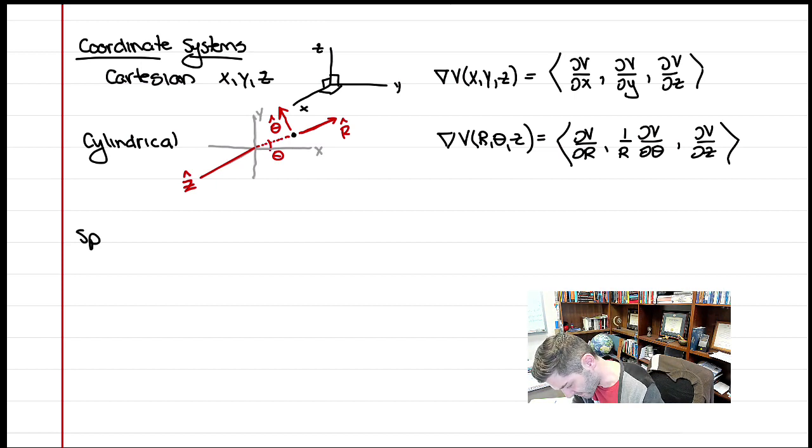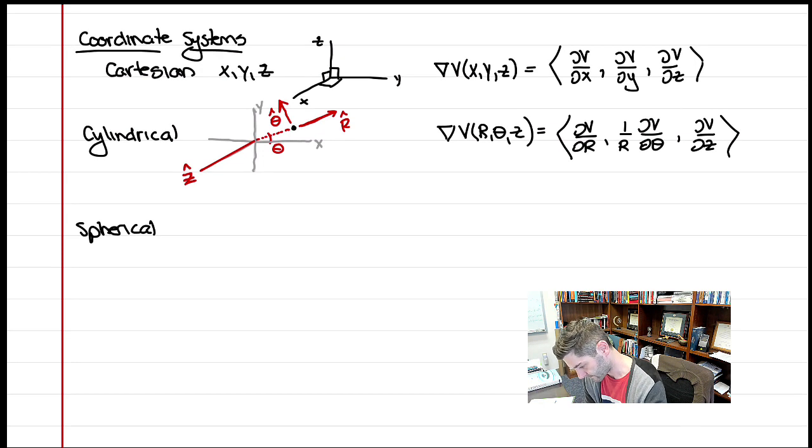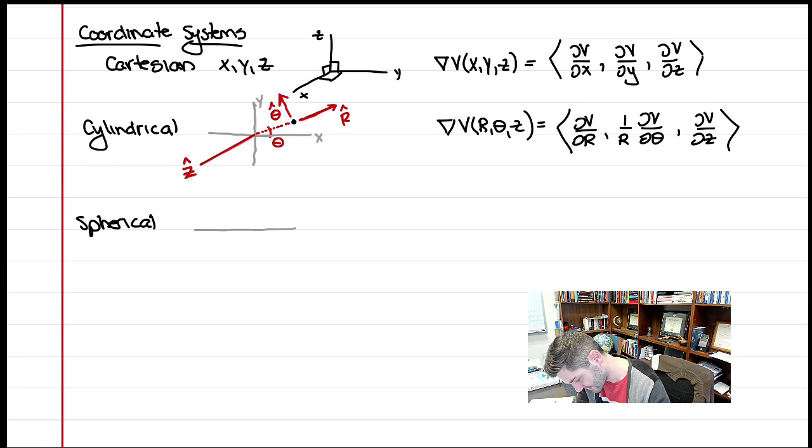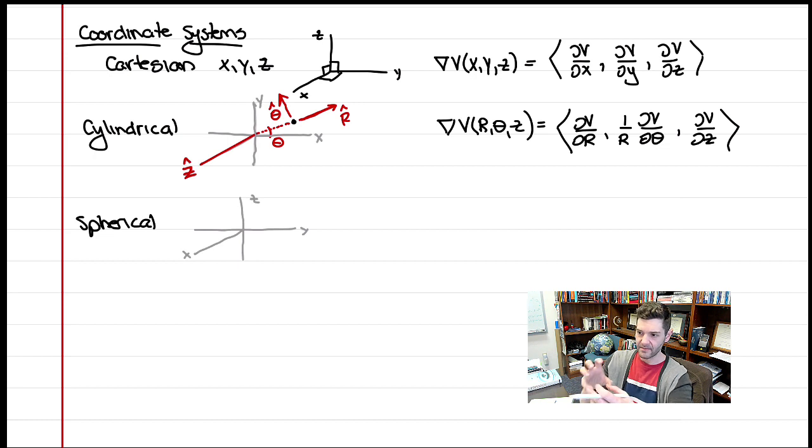And then the last one I'll just point out is spherical, where again I might have my Cartesian axes. Let me actually go back to what we usually do. So this is y. Z is usually here and x is here. Again, with spherical, I might want to talk about one coordinate that makes sense.